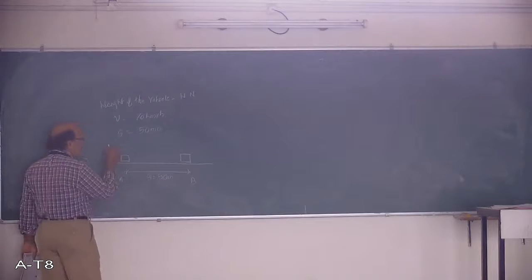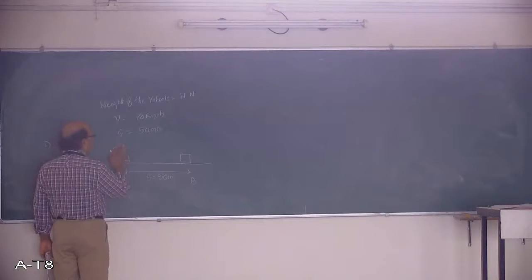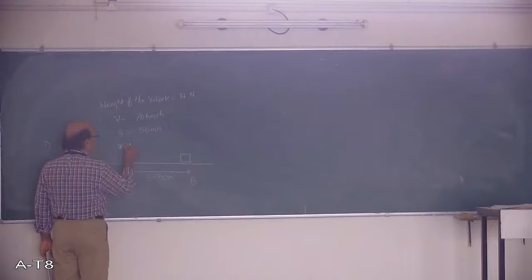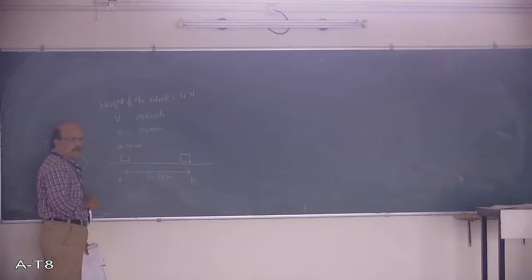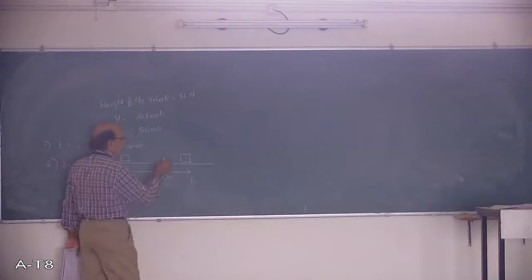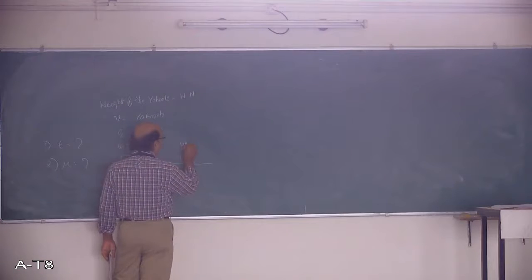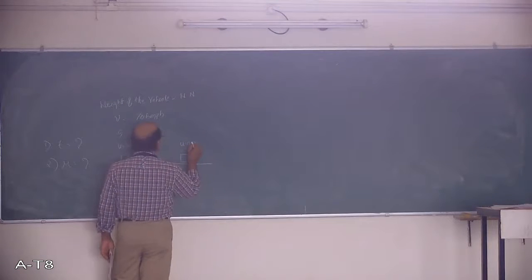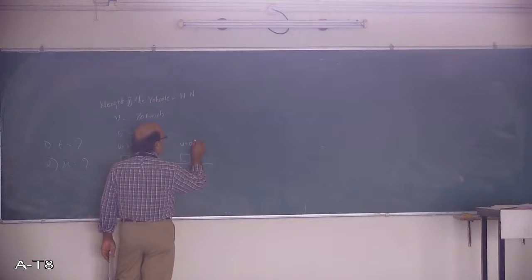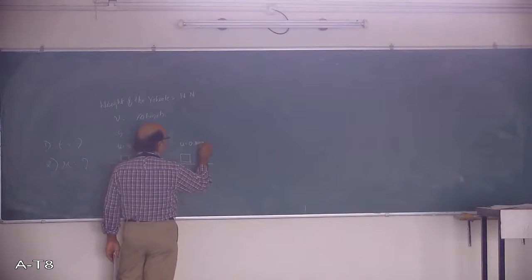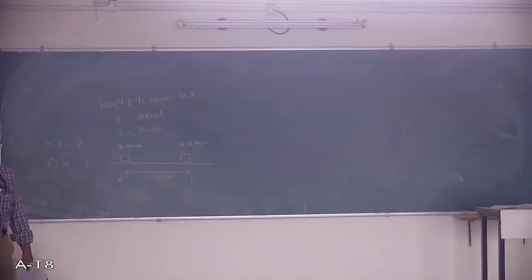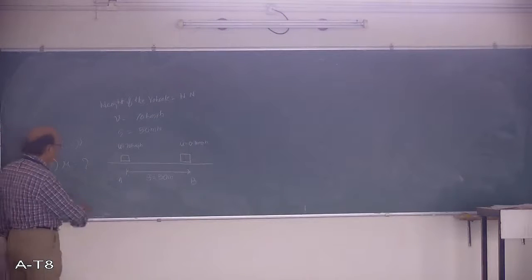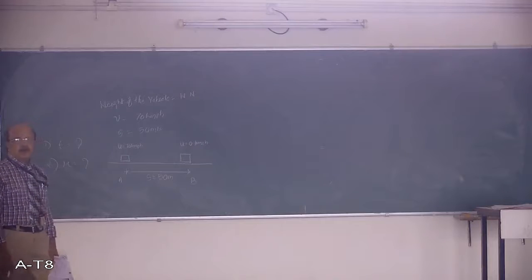The initial velocity at this point is U, equal to 70 kilometers per hour, and when brake is applied the final velocity is 0. So within a 50 meter span, it is able to stop.